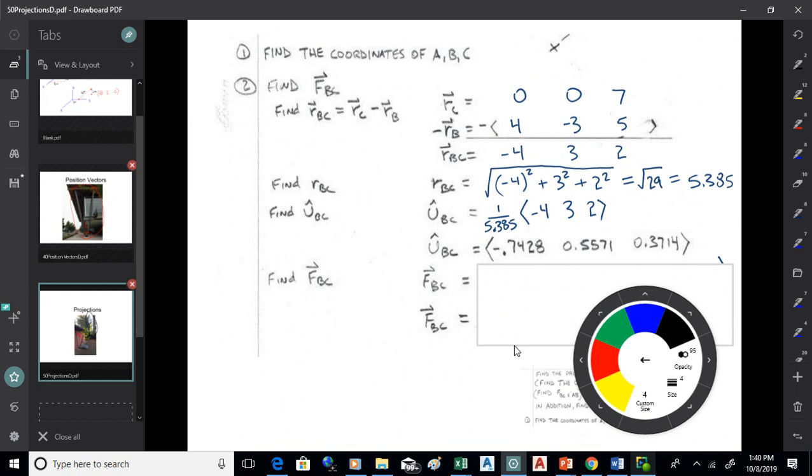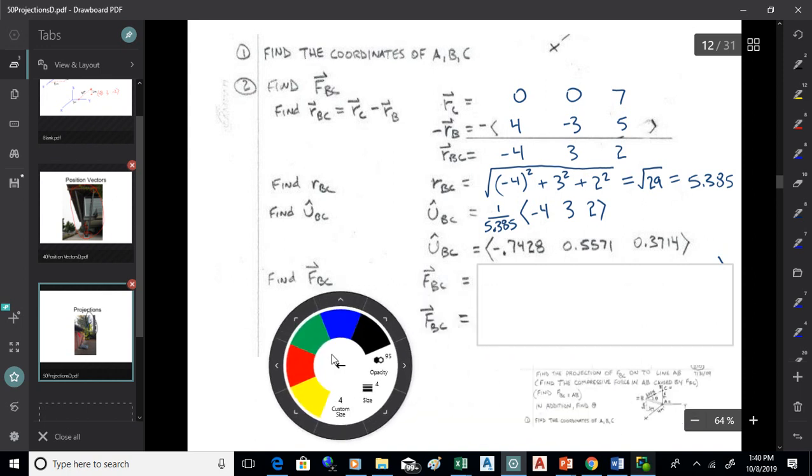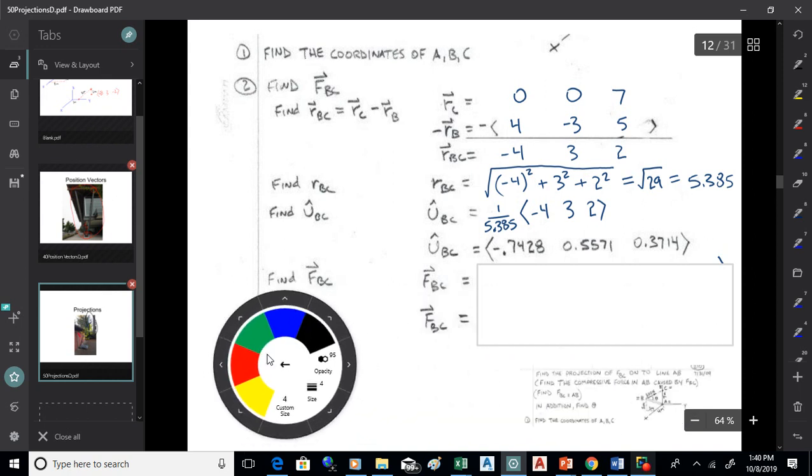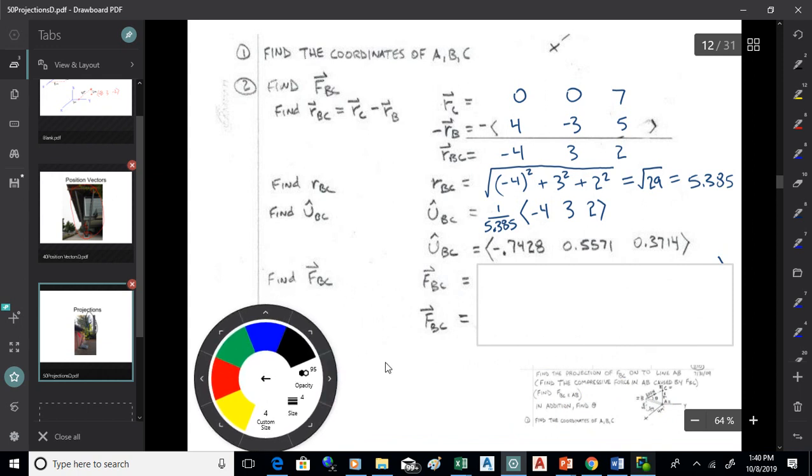Divide through by that to get the unit vector, and then scale it up to get a force vector.